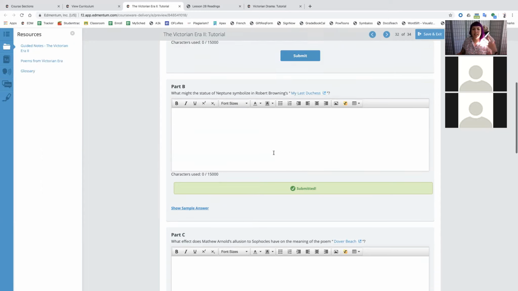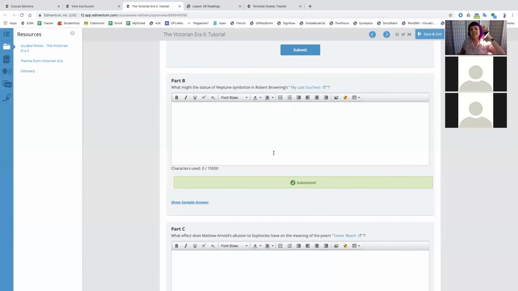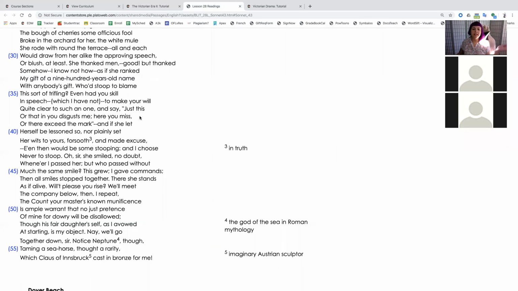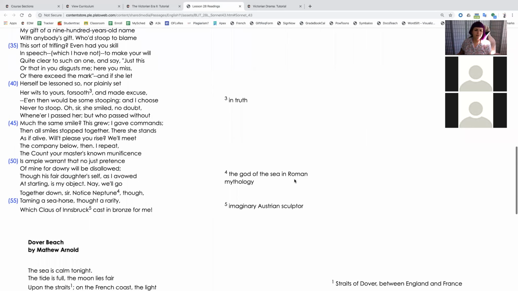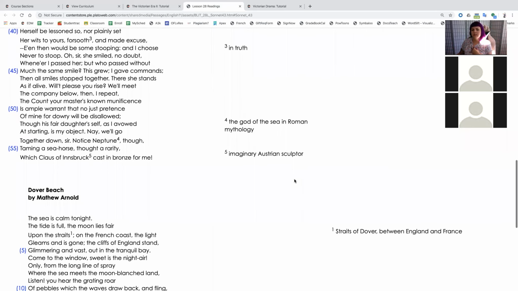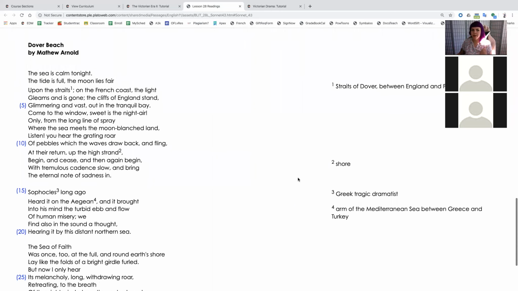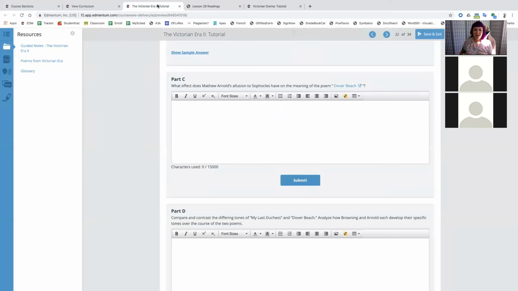So it's the symbol of his desire for control. He controlled every aspect of his wife's life, and now she's dead, and he has this painting, and he's the only one allowed to look at it, and I'm pretty sure you're supposed to believe that he killed her. It's been a while since I've studied this poem, but I'm pretty sure I'm correct on that.